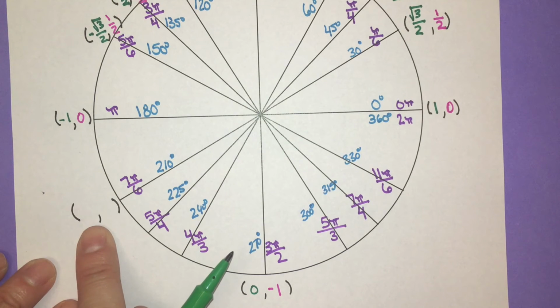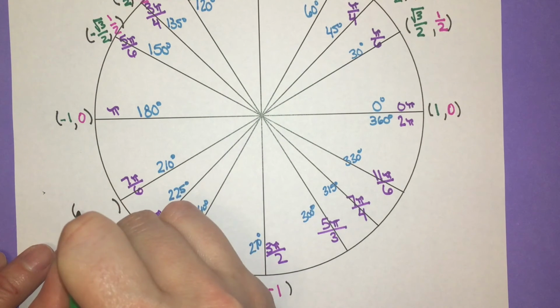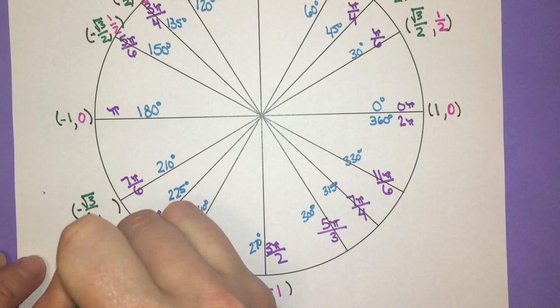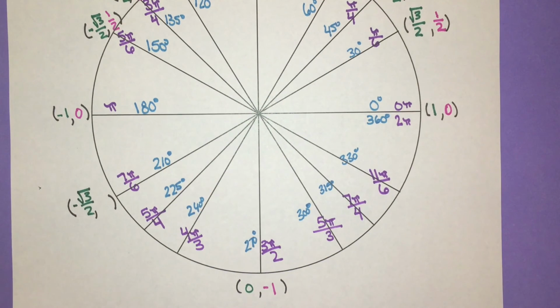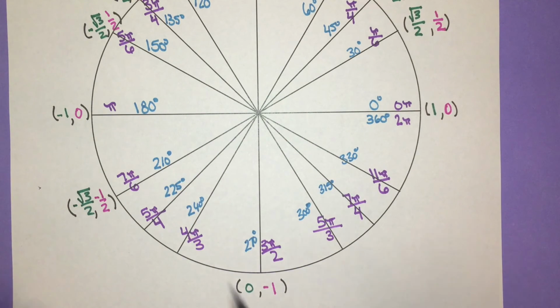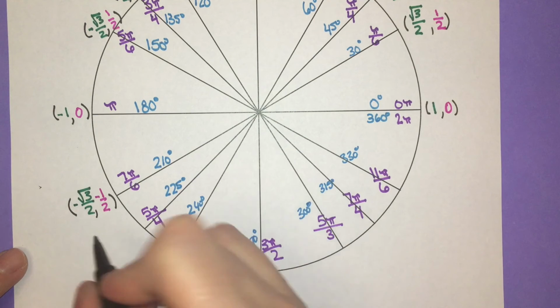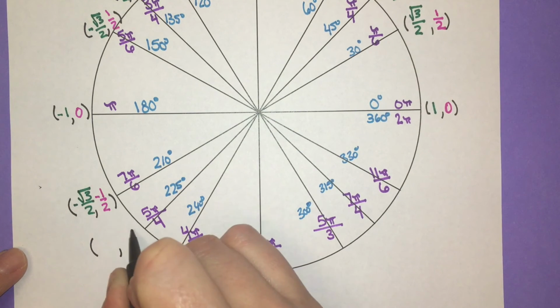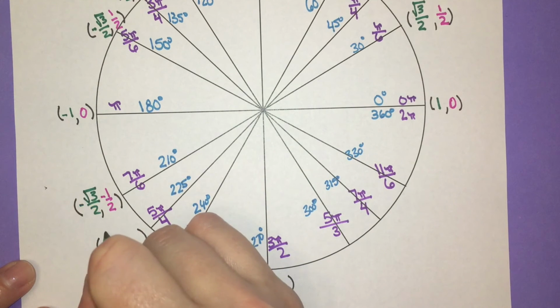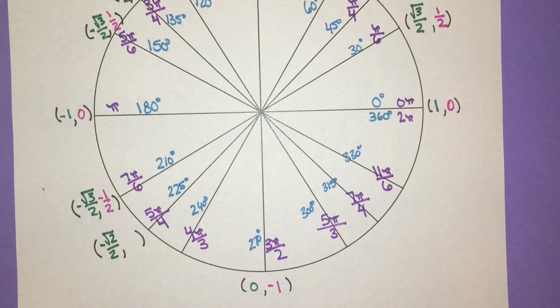So at 210 degrees, x is negative square root of 3 over 2. The y-coordinate is negative 1/2. At 225 degrees, we have an x-coordinate negative square root of 2 over 2.